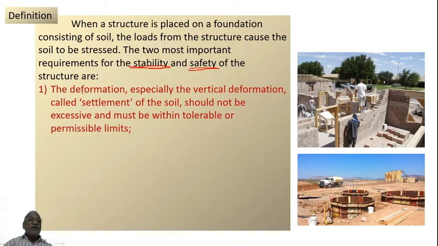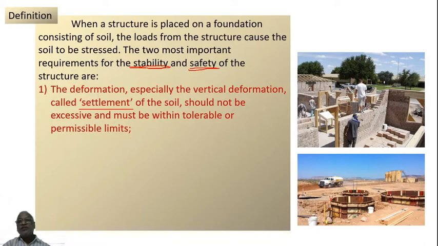The first one is the deformation, especially the vertical deformation, which is called settlement. Settlement of the soil should not be excessive and must be within tolerable or permissible limits.